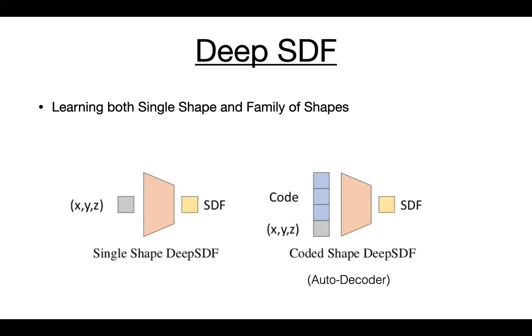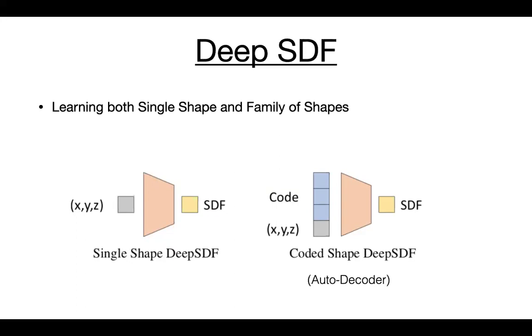If you want to train just a single shape, we have a network that takes the coordinates and computes a regular SDF value, right? But then if you want to train a family of shapes, you have this coded shape DeepSDF, which uses the concept of autodecoder.